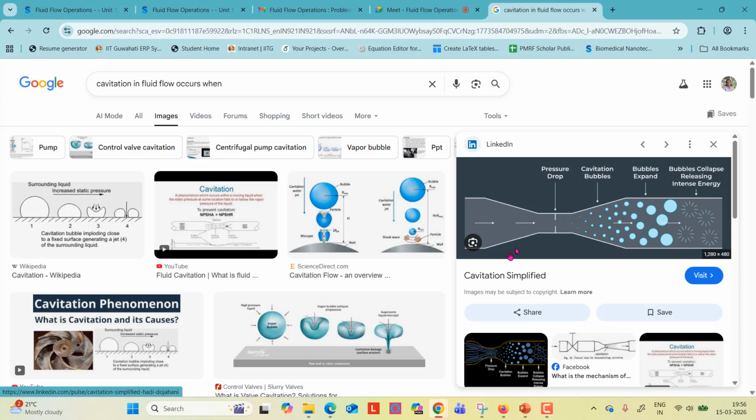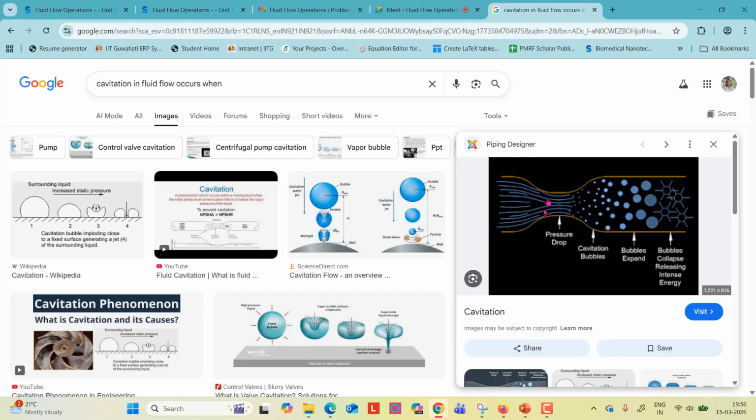Here, the pressure drop happens, and because of the very low pressure zone, this cavitation bubble starts forming, and the bubbles become larger and larger, and when they again reach a high pressure zone, they burst, releasing intense energy, and that corrodes the surrounding wall. The pressure drop is happening at this position. At this position, the pressure is very low.